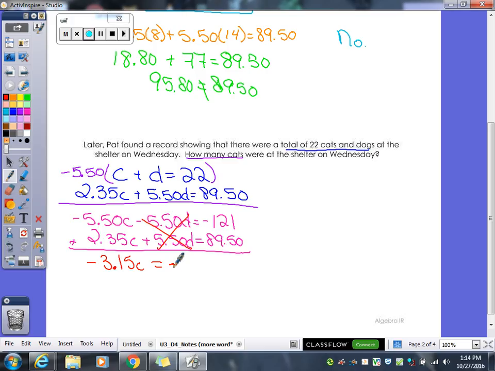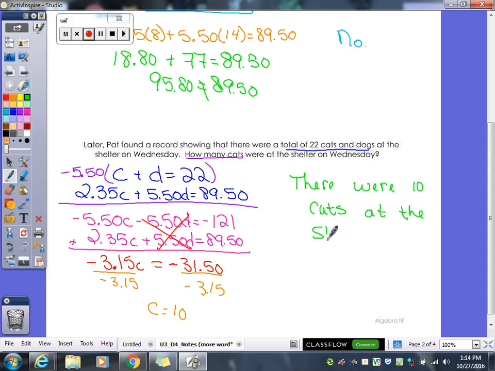I know it's going to be negative. Negative 31.5. So then divide by our negative 3.15. What'd you get for C? There you go. So we just have to write our sentence. There were 10 cats at the shelter on Wednesday.